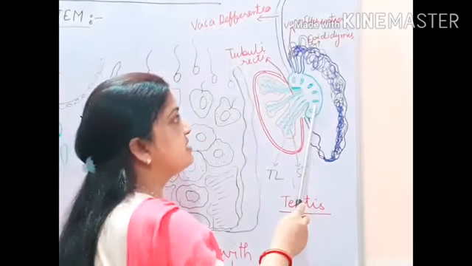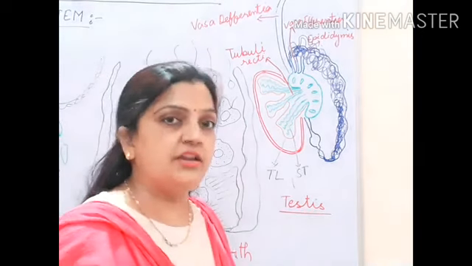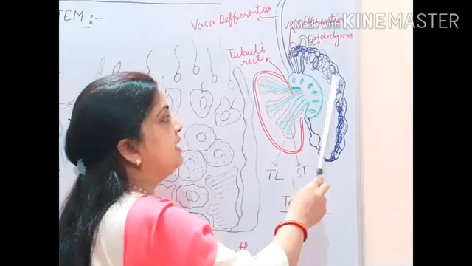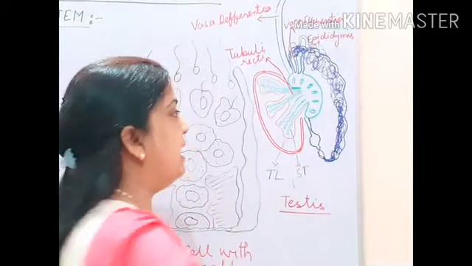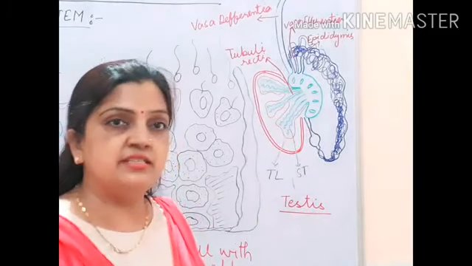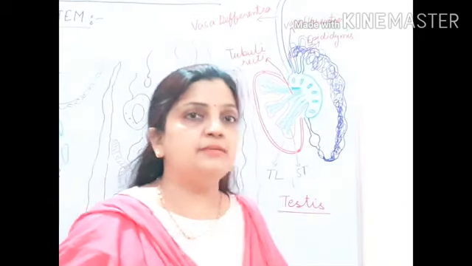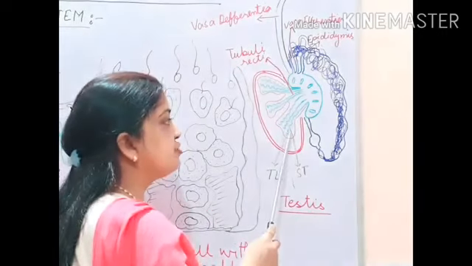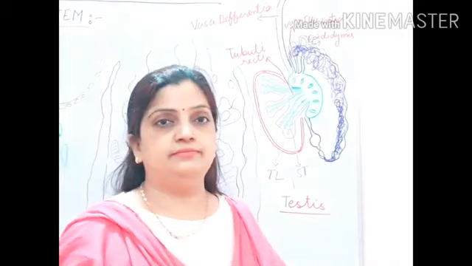This rete testis opens into a tube called vasa efferentia. Vasa efferentia open into a highly coiled structure called the epididymis, and the epididymis will open into the vasa deferentia, which will make up the rest of the male reproductive system. Now, this seminiferous tubule we are going to discuss in detail.